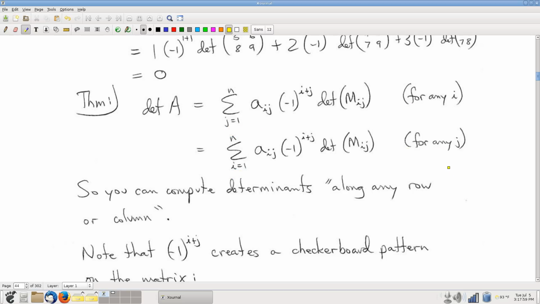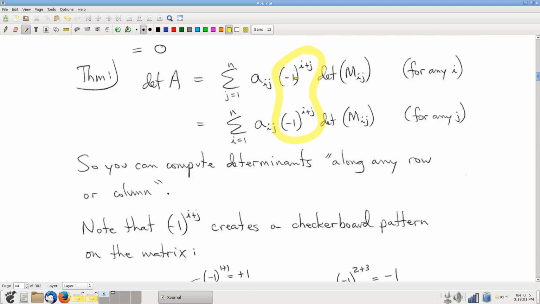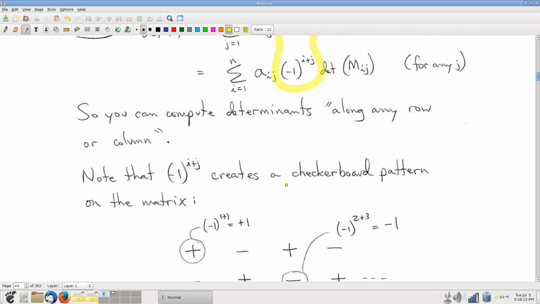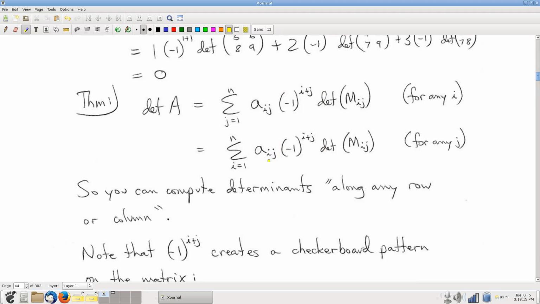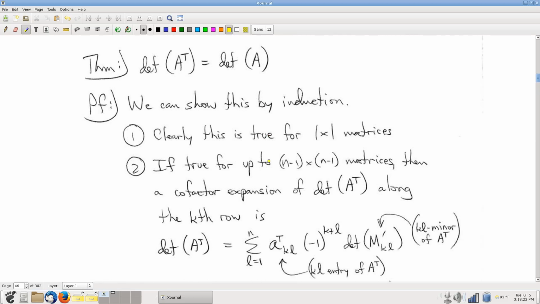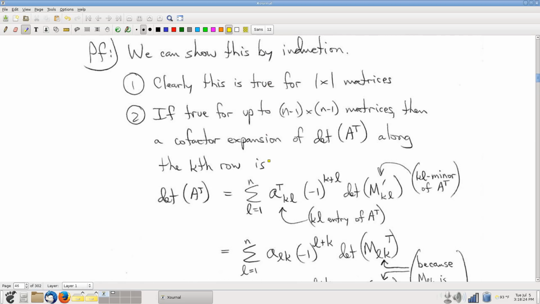The checkerboard pattern, when you transpose, minus goes to minus, plus goes to plus. Right? So that seems to fit pretty nicely. At a glance, it looks like it's surprising, but it's not the most surprising thing in the world. So I want to write down the proof of this. It's really just a matter of writing down details.